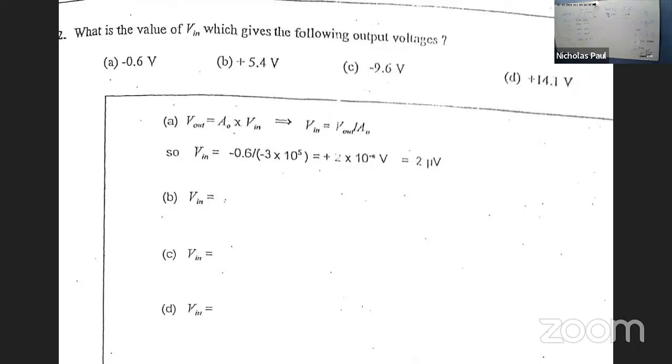Look at the first example. If V in is the V out divided by the gain, so negative, still negative, same as before.